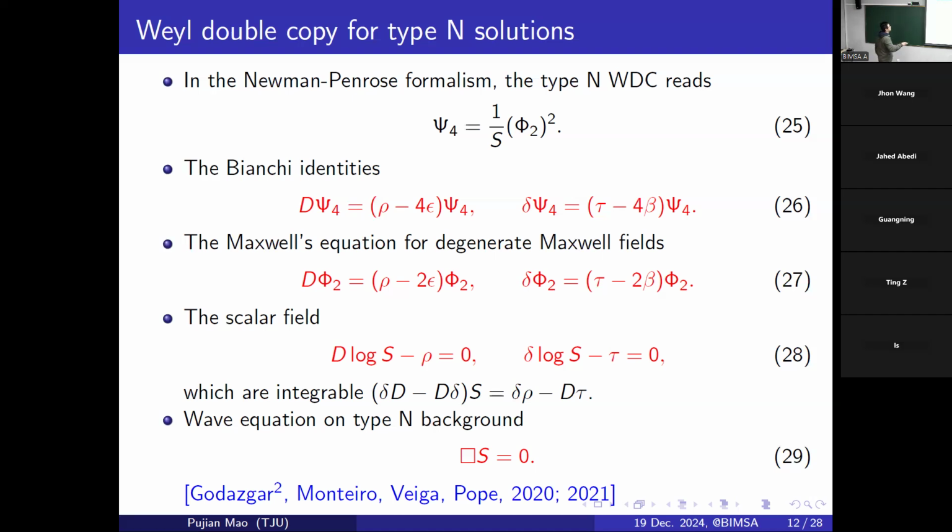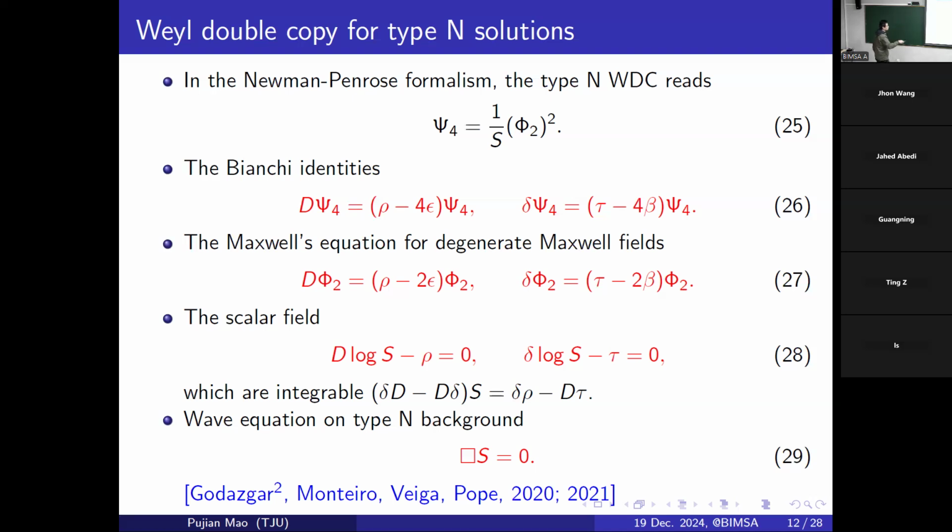You can plug this decomposition into the Bianchi identity, which gives you the equation of motion for the scalar field S. You plug the right-hand side into the Bianchi identity, then simplify it using the Maxwell equations, and you end up with the scalar field equation.